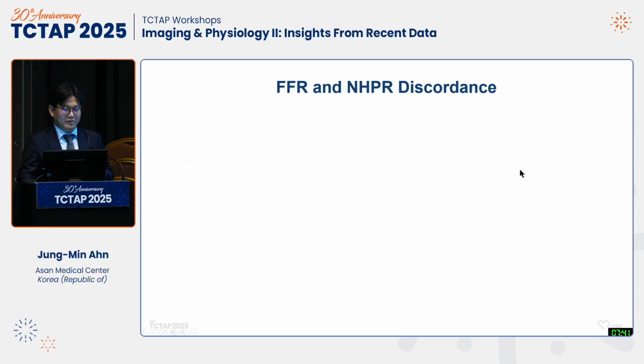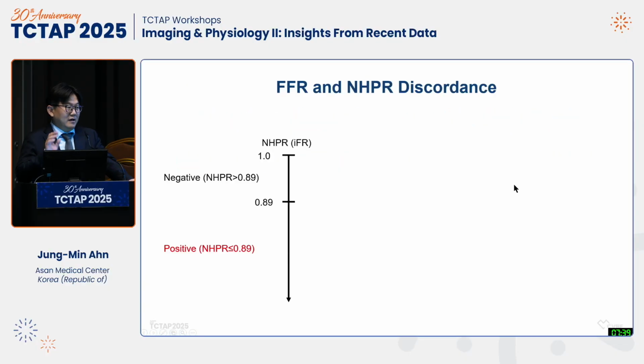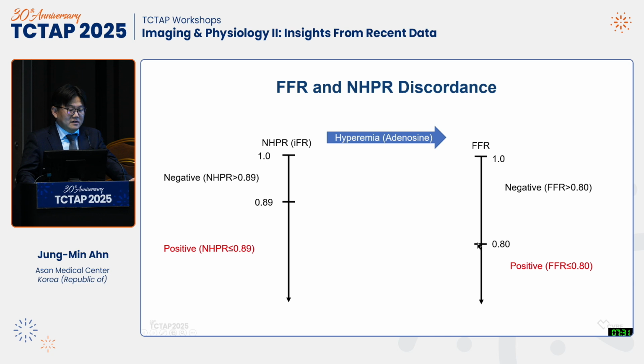My topic is the contrasting prognostic value of discordance between FFR and non-hyperemic pressure ratios. Non-hyperemic pressure ratio is an alternative to the FFR measurement, but sometimes, not always, the binary results of FFR and non-hyperemic pressure ratio are not concordant.